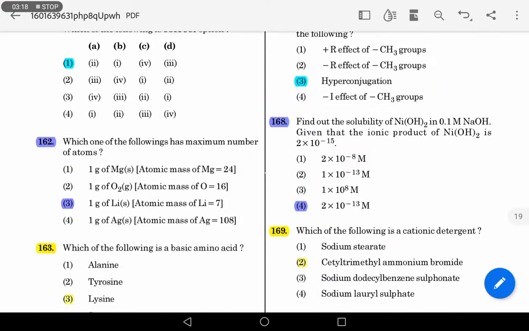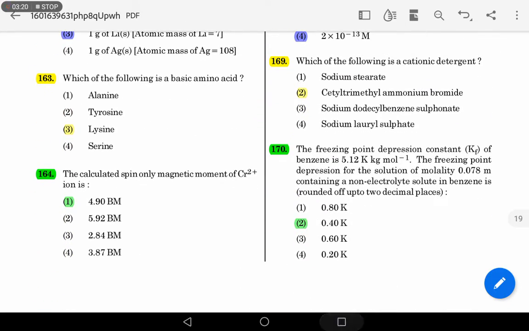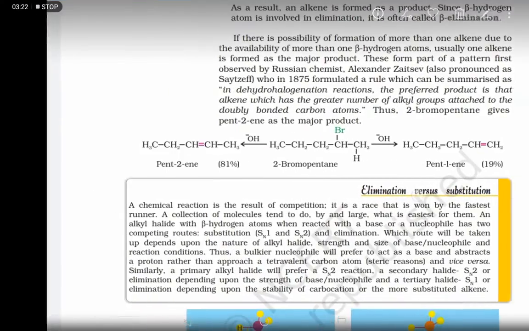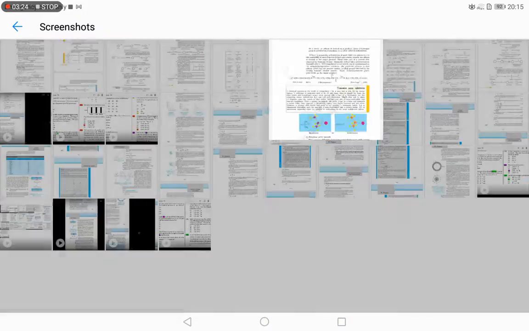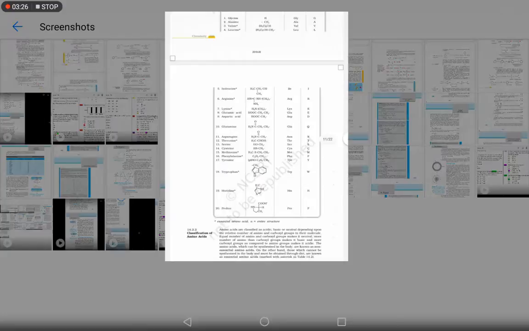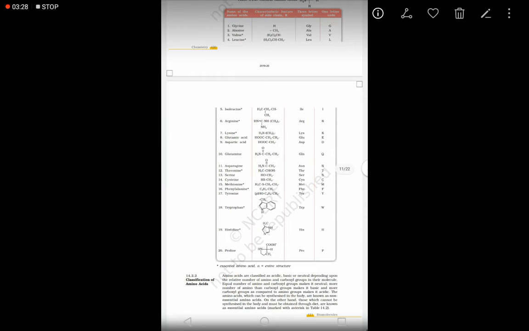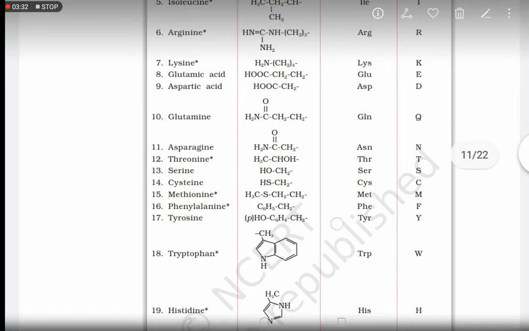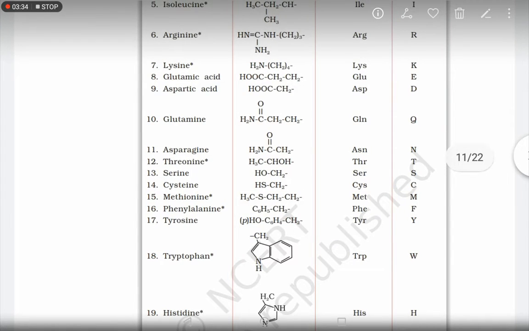So next question, which of the following is a basic amino acid? We know that the NH2 group confers basic property. So whichever amino acid has an NH2 group in it is called a basic amino acid. Whichever has a COOH group is acidic.